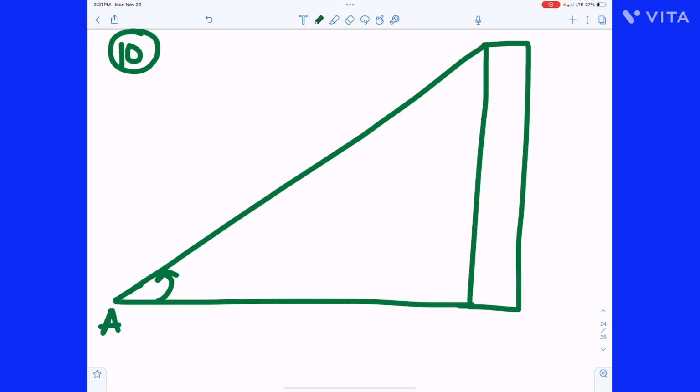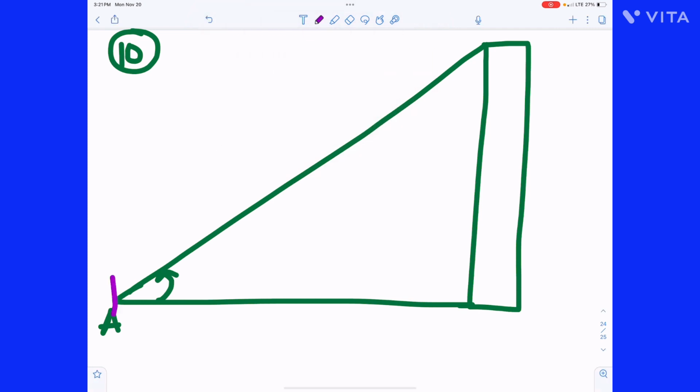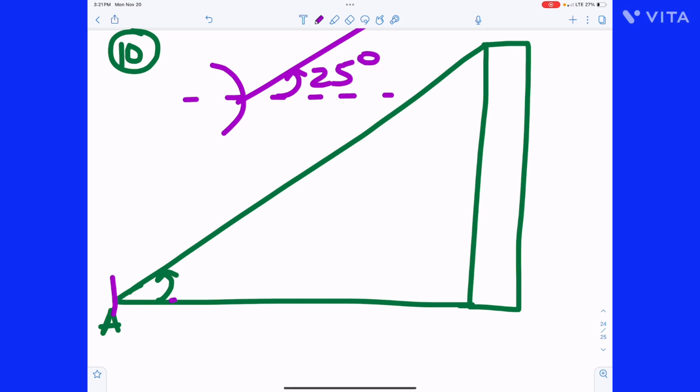Let's say this is point A and your eye is here. The level of your eye is here. How much do you have to look up? You have to look up by 25 degrees to see the top of the building. That's what this means. 25 degrees. That's elevation.